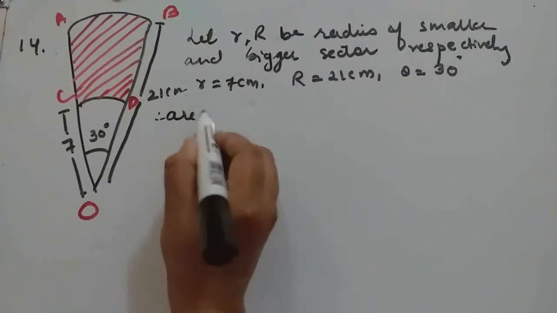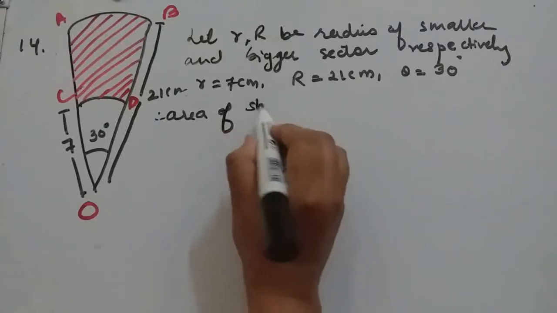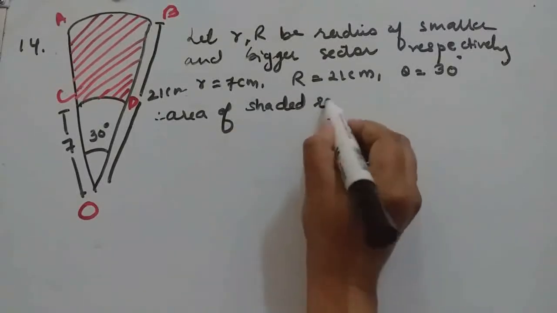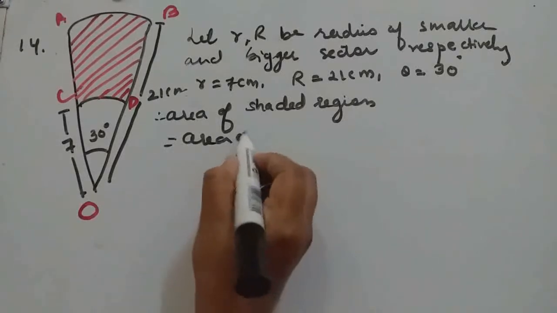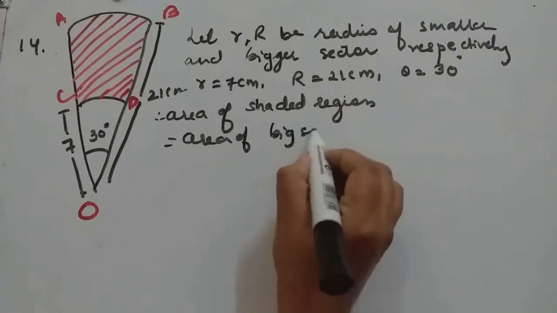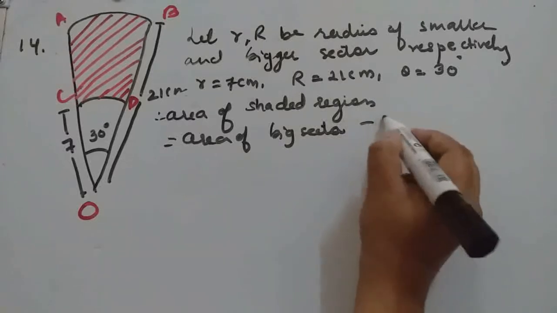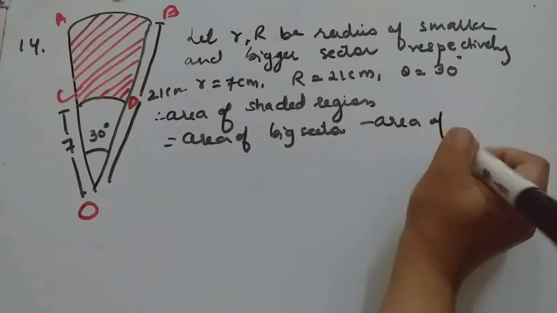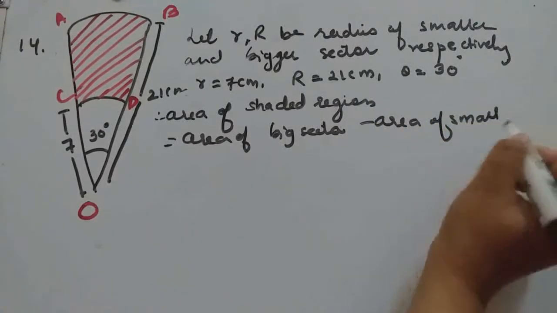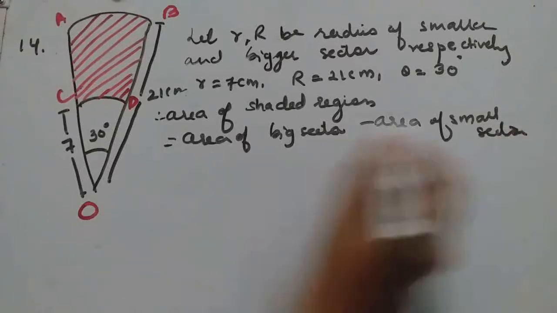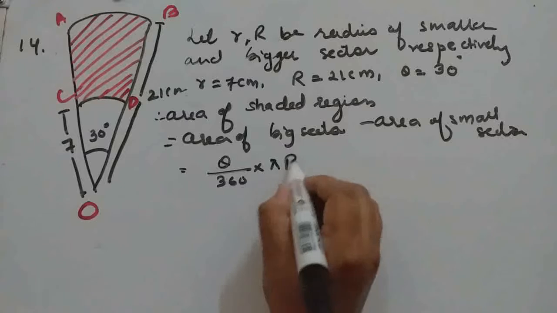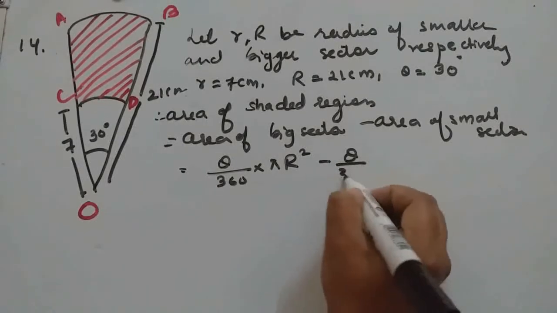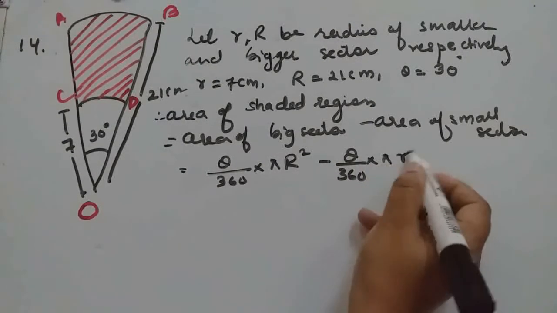So the area of the shaded region is equal to area of big sector minus area of small sector. That is given by theta by 360 into pi capital R square minus theta by 360 into pi small r square.